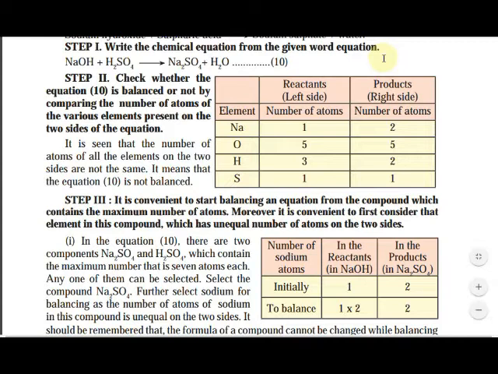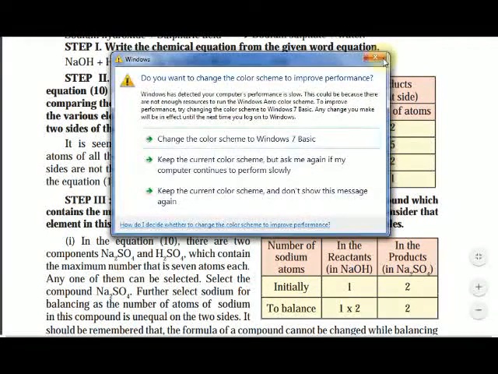So we have seen that the number of atoms of hydrogen and sodium present on the LHS and RHS are not equal. Yes or no? So they are unequal. In equation 10, there are two compounds, Na2SO4 and H2SO4, which contain the maximum number of atoms, that is 7 atoms each.